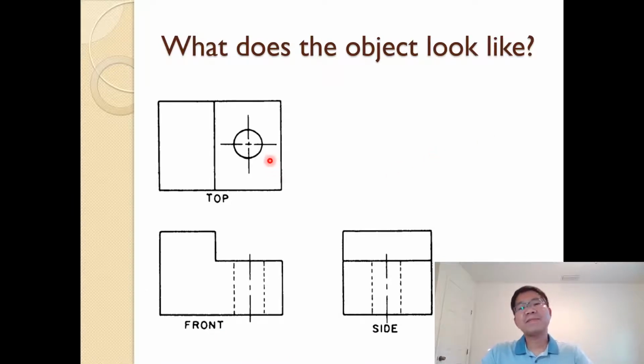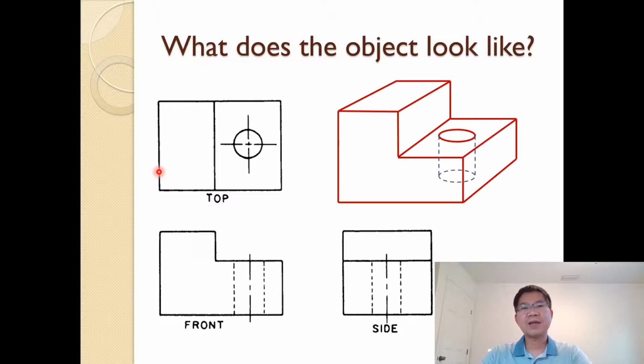So from that, with those three different views, top view, front view, and side view, pause this and look, and tell me what the object looks like with only three views. Can we visualize that one? After you pause, you can see if you're correct that it will be that object in real life.